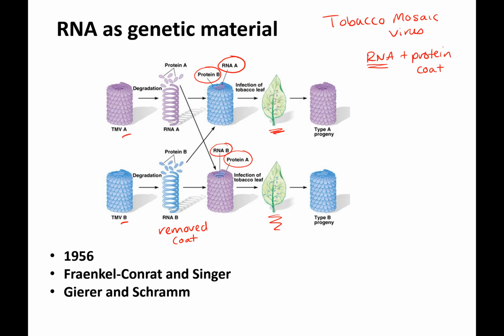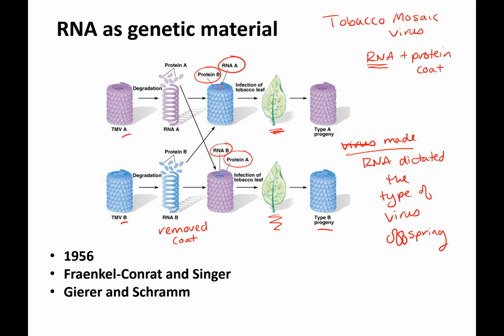They could infect this into tobacco leaves, and when they analyzed what kind of virus was made, they found that the RNA dictated the type of virus offspring.